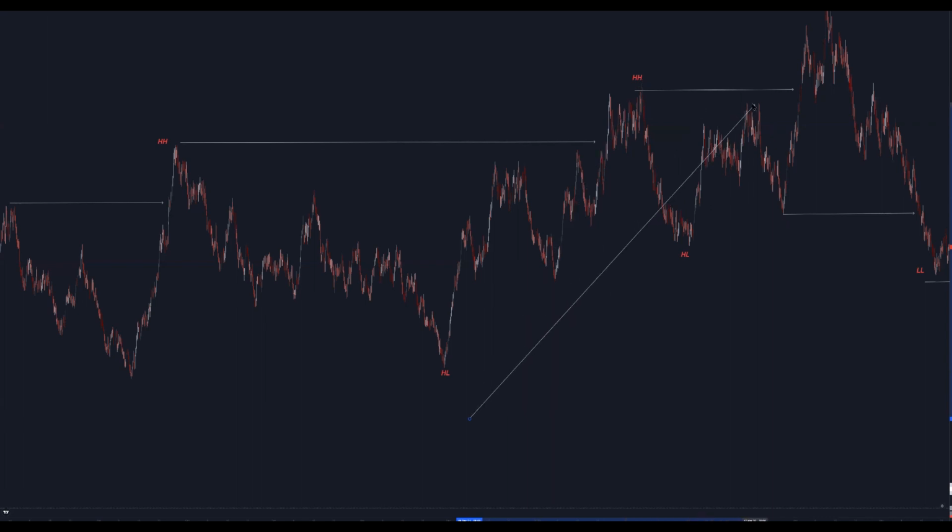So please take note. Whenever price breaks the major structure, that is where we will label the higher highs, not this area here. So that is why I could not have labeled here as the higher low, because it didn't have its own higher high.